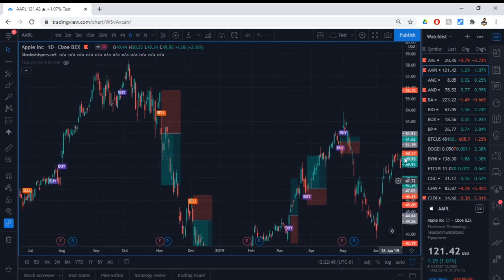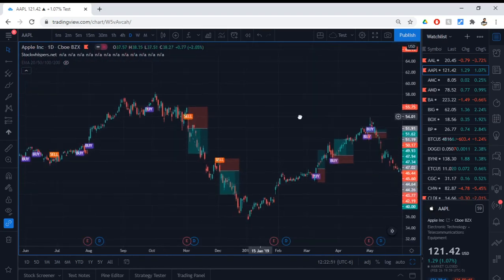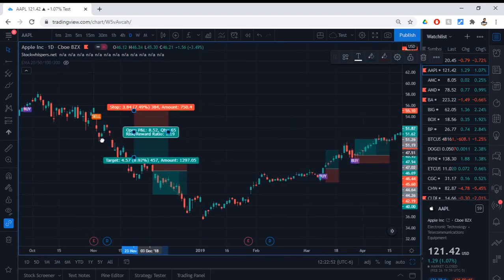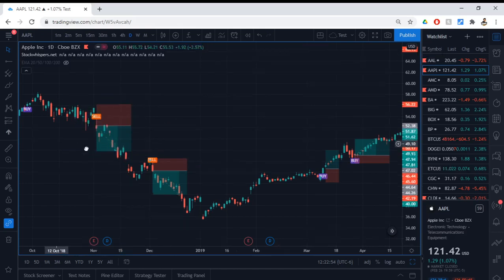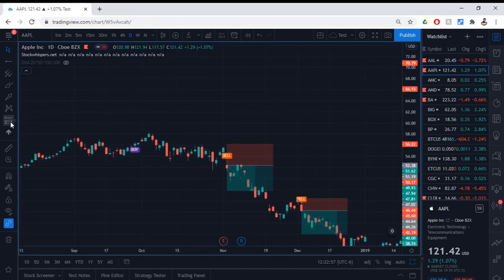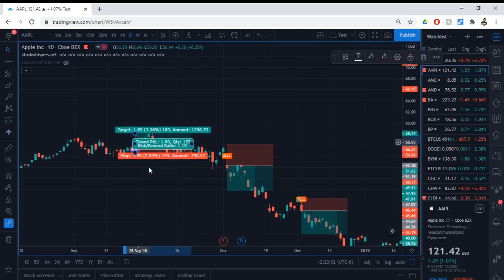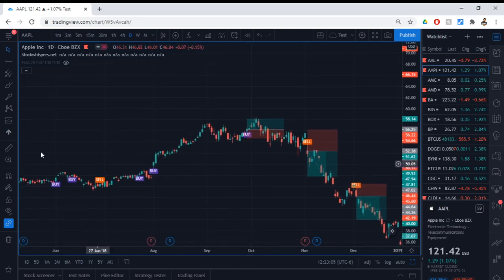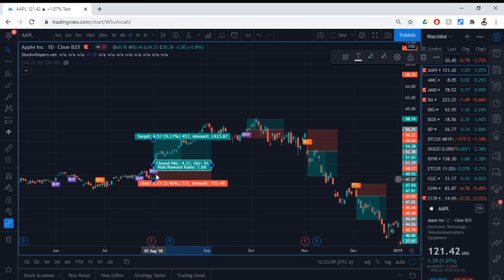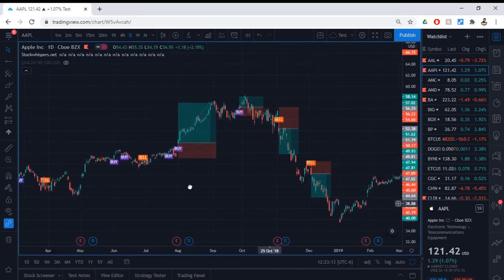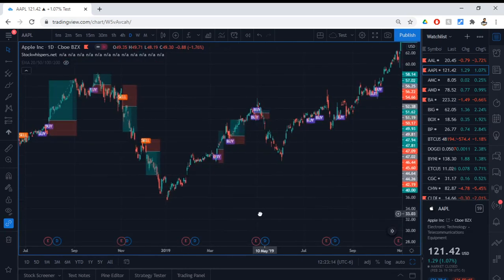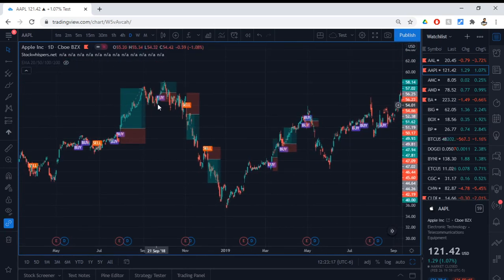Okay, so let's look at all these. I literally took all these trades.